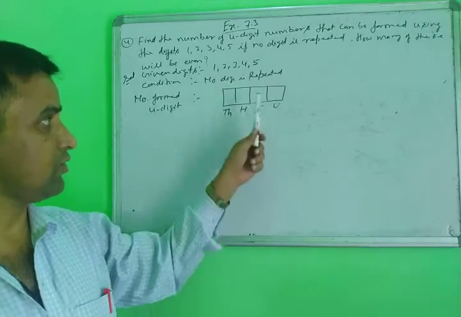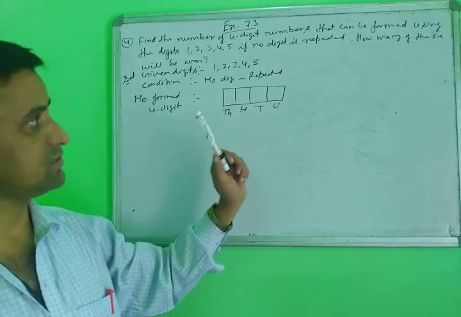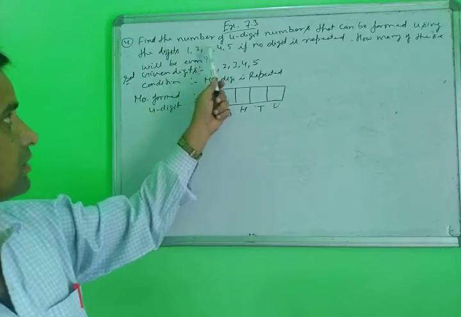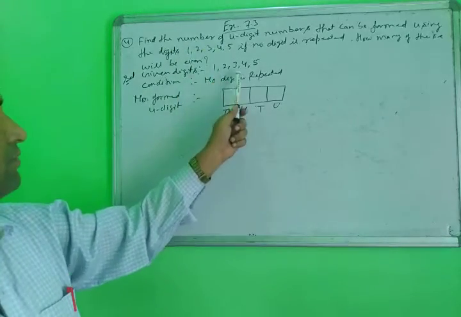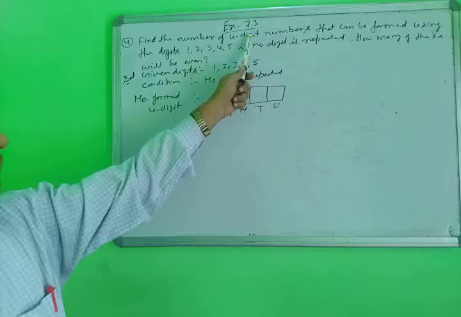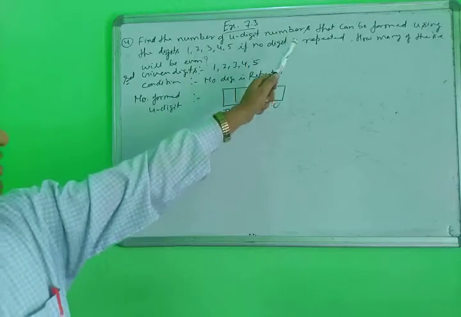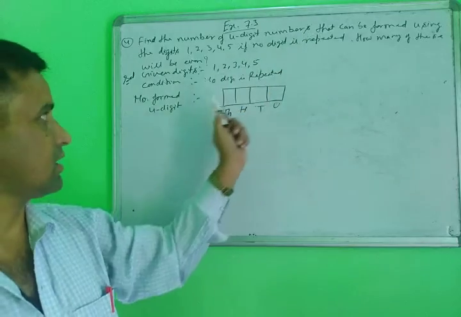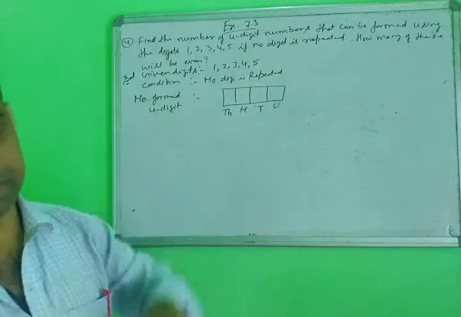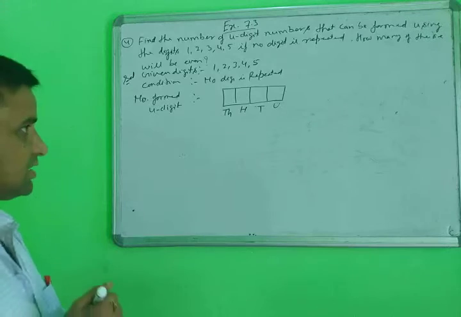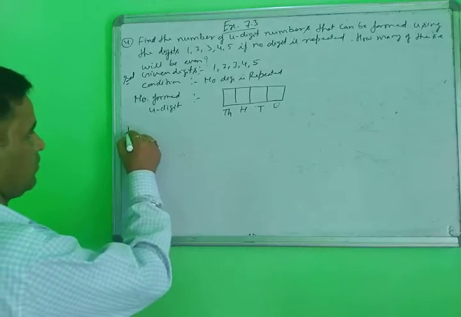Total number of ways to fill these 4-digit numbers: the total digits given are 1, 2, 3, 4, 5, so 5 digits, and the number formed is a 4-digit number with ones, tens, hundreds, thousands. The condition given is that no digit is repeated. So start the solution here.